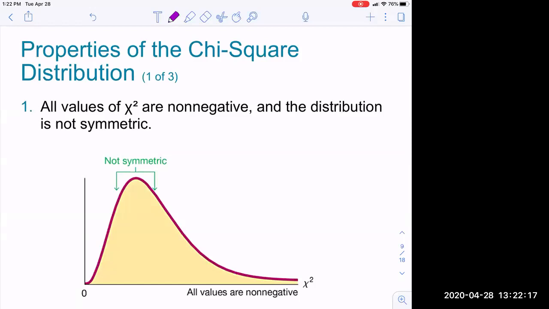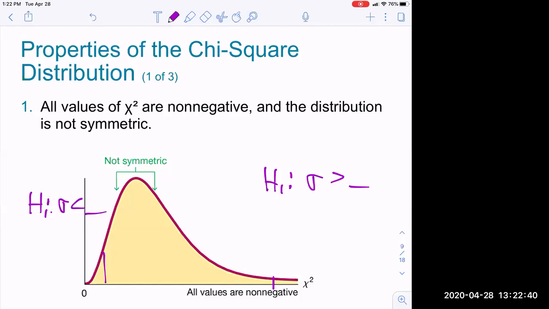Okay, this diagram. So we'll be looking at a one-tail test here if H1 is sigma greater than some value. Left tail test, H1 sigma less than some value.